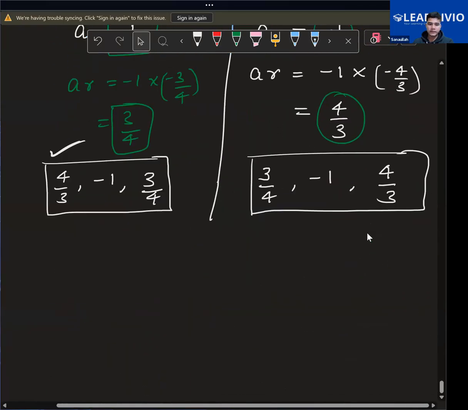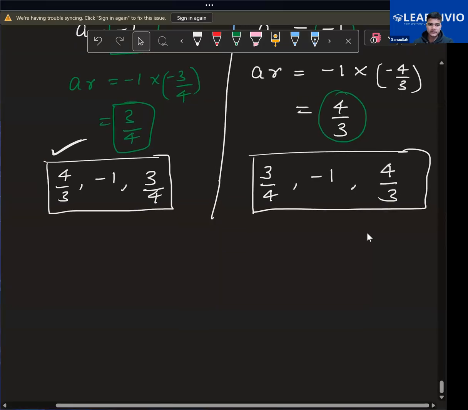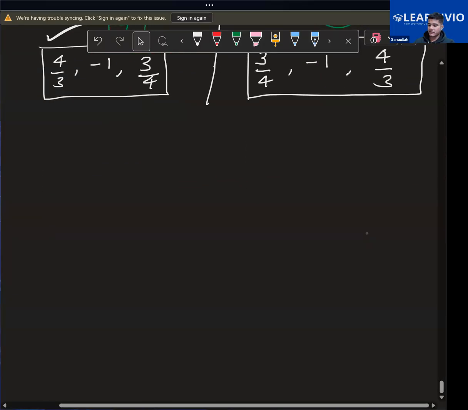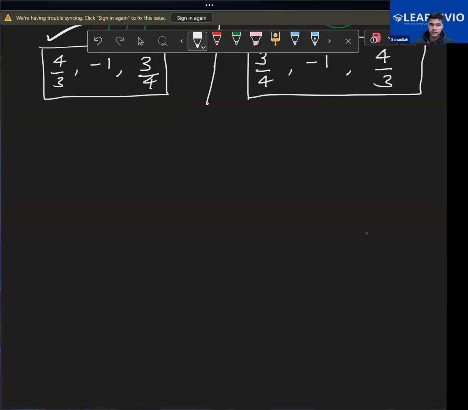Okay, so let's move to example number 10, that is the sum of a sequence. This is very interesting, and I thought it will be a very important question for your examination. Have you got the question?